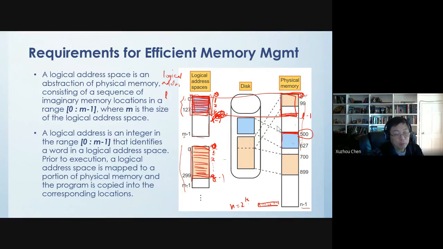If we want to support multiple programs, then you have to figure out a way. You have to create some kind of mechanism so you can manage all these different programs in the physical memory. That's why the logical address is an integer that ranges from 0 to n minus 1 and identifies a word in the logical address space.